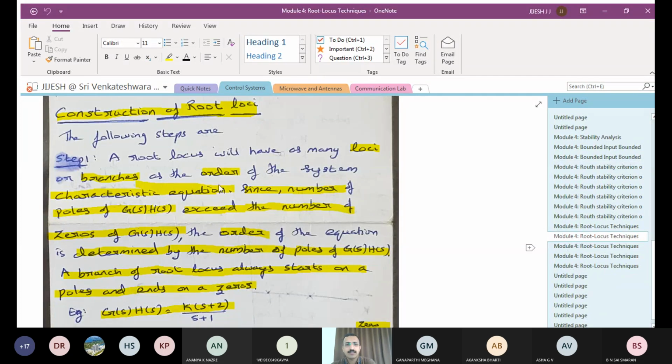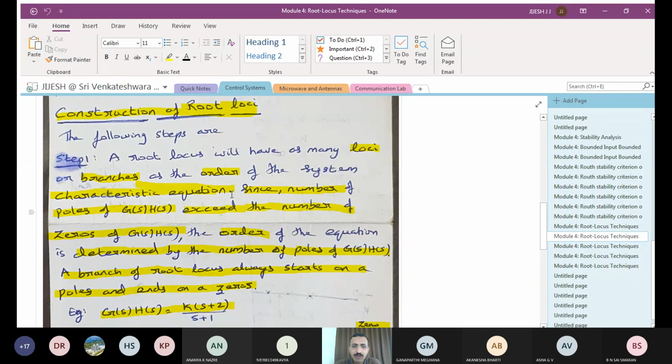A root locus will have many loci or branches, as per the order of the system characteristic equation. We are doing this to measure whether the system is stable, unstable or marginally stable.